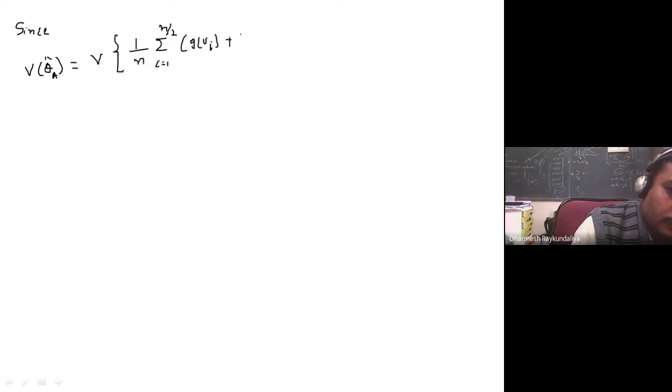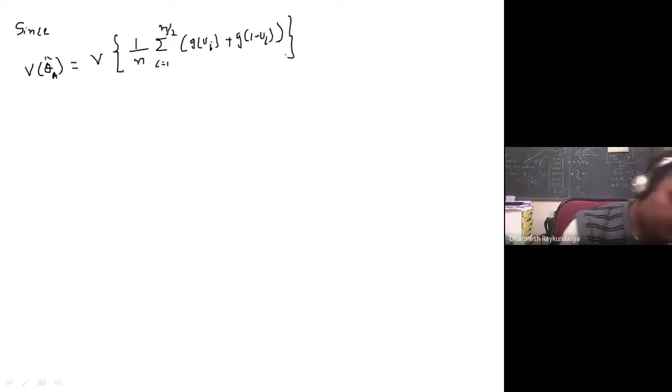variance of theta A cap is equal to the variance of, what is the estimate of theta A cap? It is 1 by n summation i running from 1 to n by 2 of g of ui plus g of 1 minus ui.